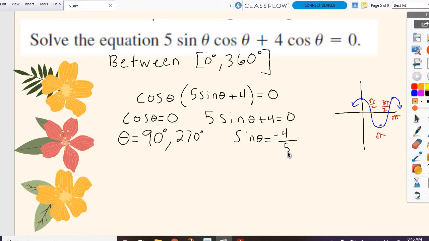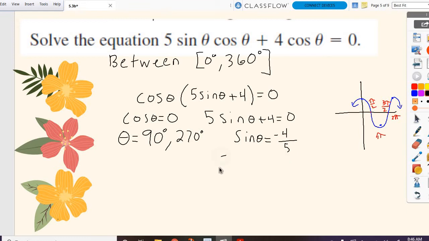Now be careful, because a lot of people want to divide by that sine, but we can't do that, because remember that sine is an operator, just like a square root of x. I can't divide by a square root of x because that's not the inverse of a square root. Squaring is the inverse of a square root. Just like this, sine is an operator. I cannot divide by that sine because that's not the inverse.